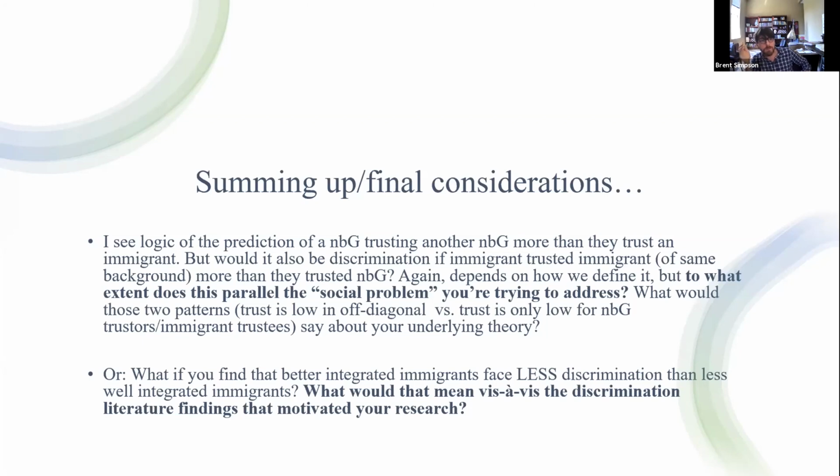Or what if you find that better integrated immigrants face less discrimination than less well integrated immigrants? What would that mean vis-a-vis the discrimination literature and this paradox that motivated your research? So would you interpret this as counter to the patterns that motivated your work, or simply distinct?